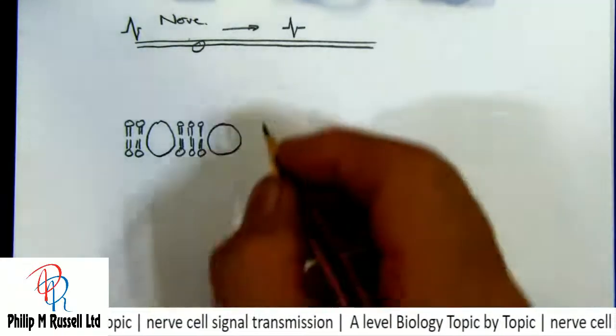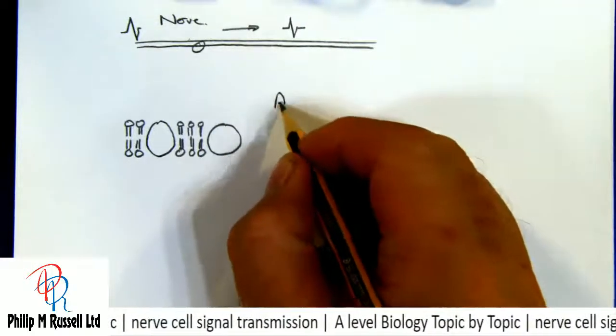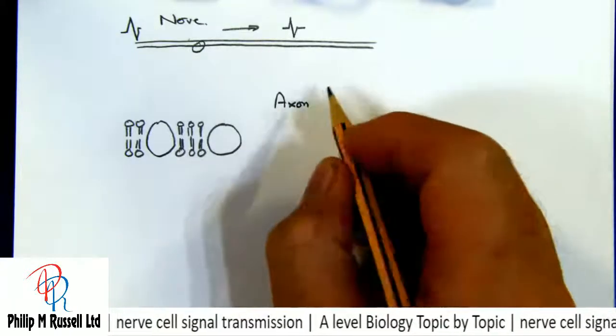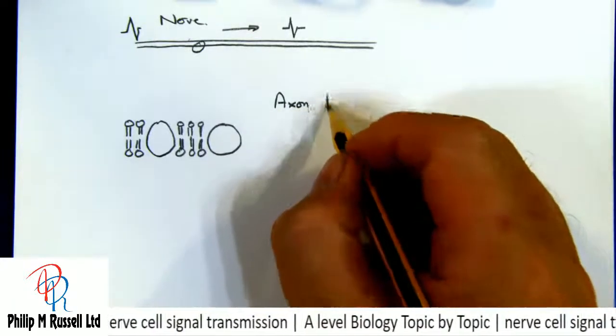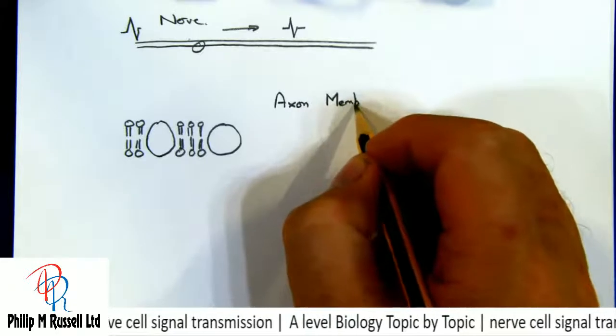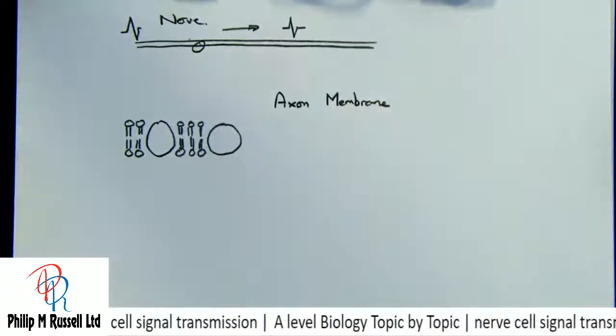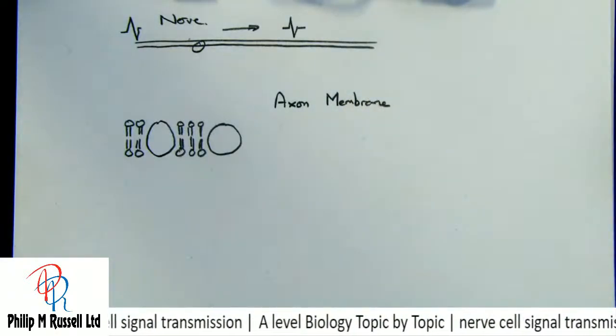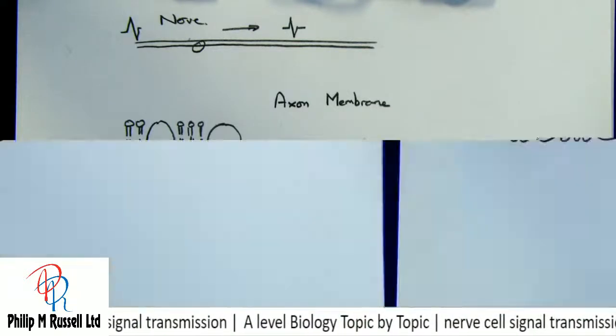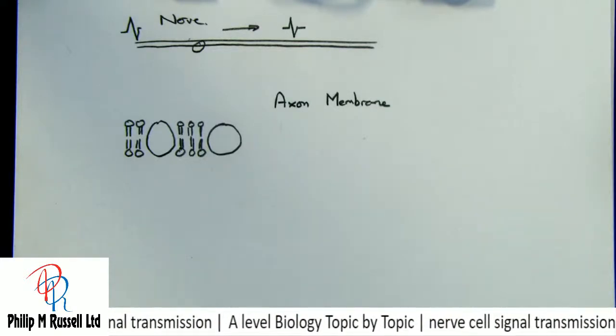So let's look at this bit, and I'm going to choose to look at an axon membrane. Now, this axon membrane is normally what we would call at a resting potential.